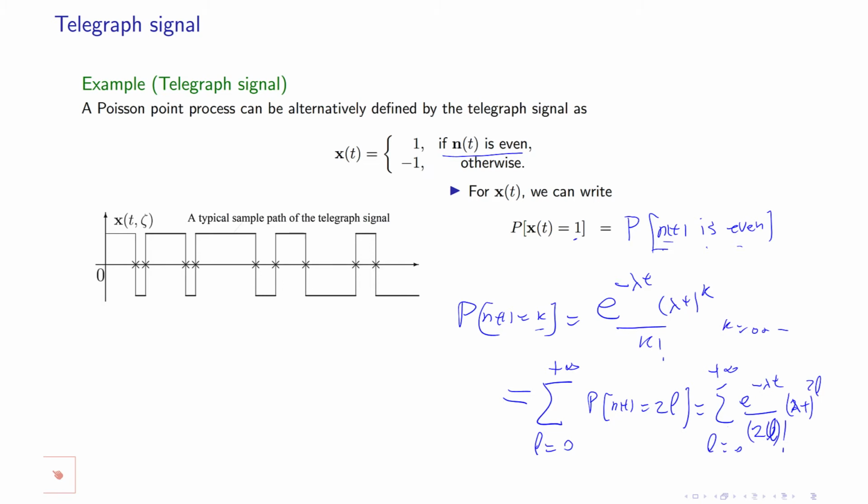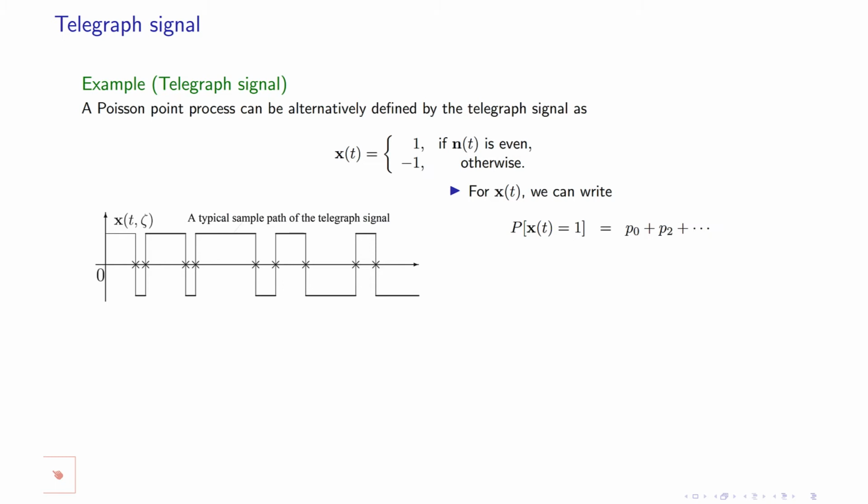And then you could simplify this sum and get the answer for this probability. So this is equal to the probability that n of t is 0, 2, etc. And if you do that, you get this summation, and then you can simplify it.